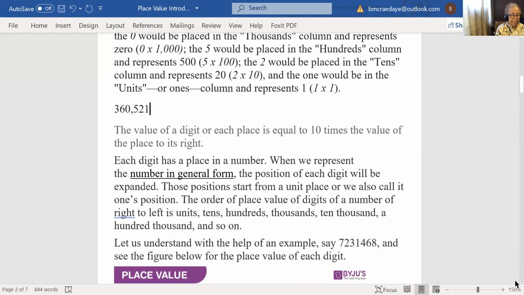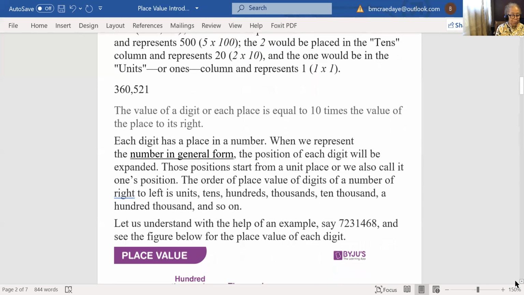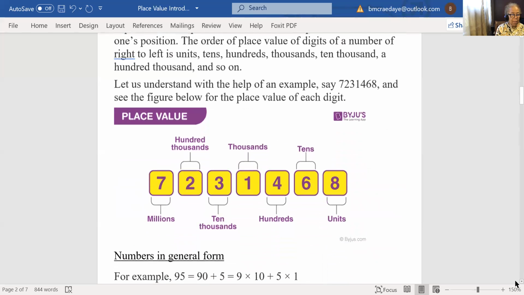Now let's take a bigger number and look at place value. This number, notice you have 7,231,468.